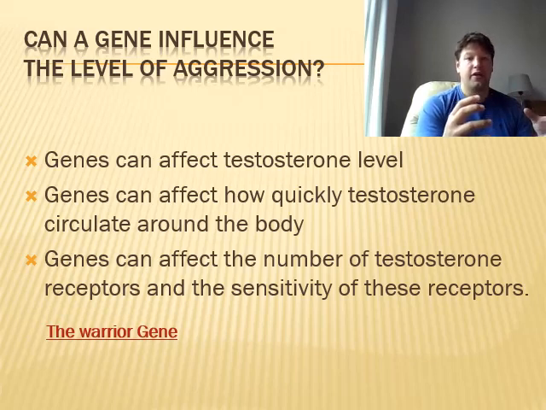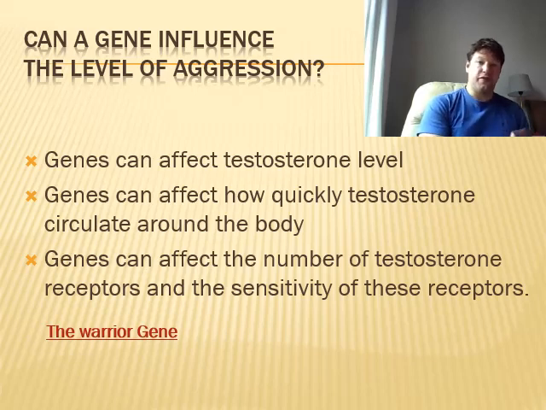They affect everything, and they affect testosterone level. And you will know that testosterone is hugely linked to aggression. There's a reasonably strong correlation to say that the more testosterone you have, the more aggressive you are. So if genes affect testosterone and testosterone affects aggressiveness, then genes, the biological explanation, can affect aggression.